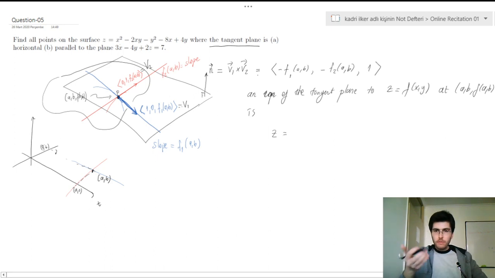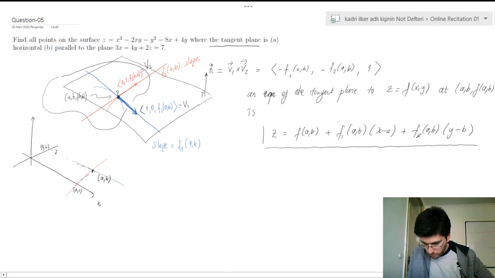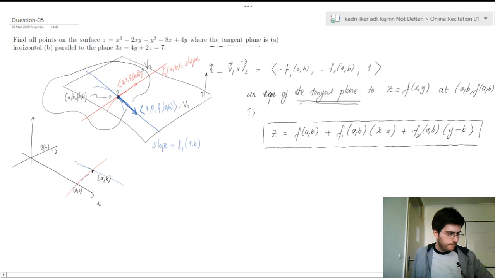Now you know the normal vector, you know at least one point on that thing, and then you can easily write down the equation of the plane. Okay, this is the equation of a tangent plane. Okay, we are going to use it.